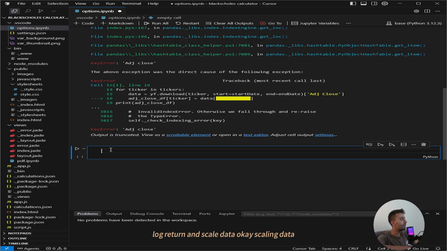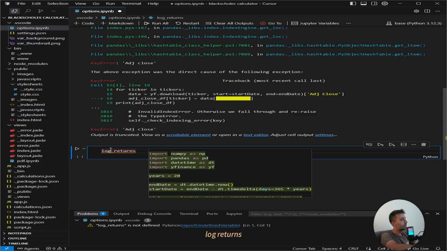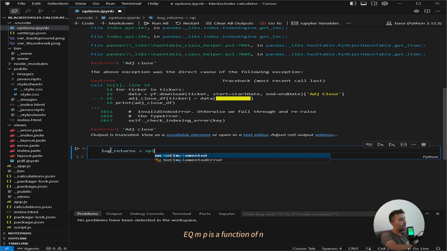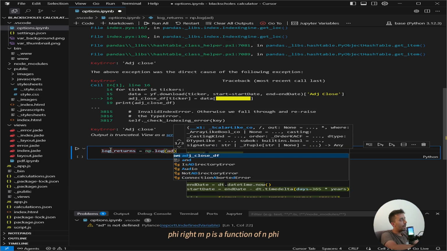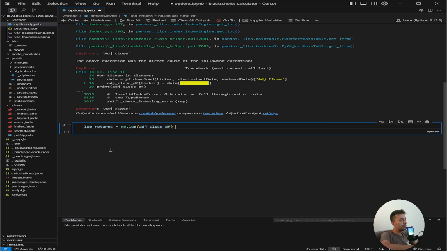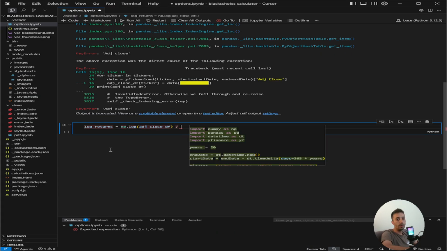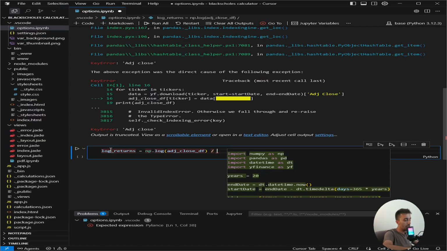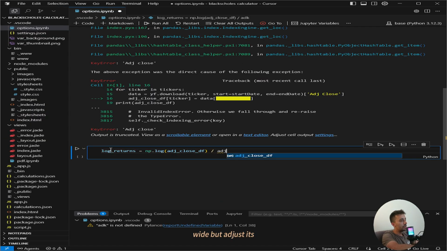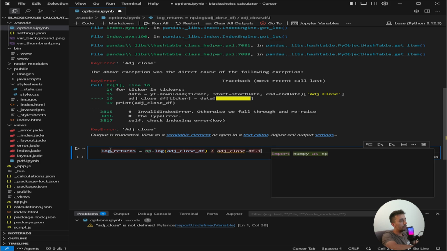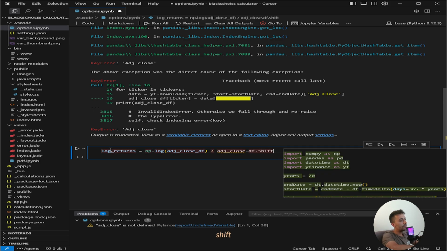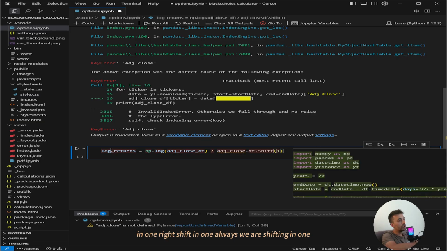Step 2, calculate daily log return. Log returns equals np.log, a function of numpy, of adjusted close divided by adjusted close shifted by one.